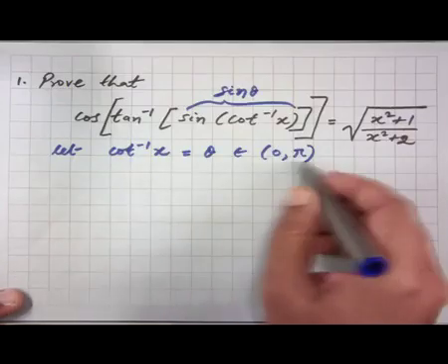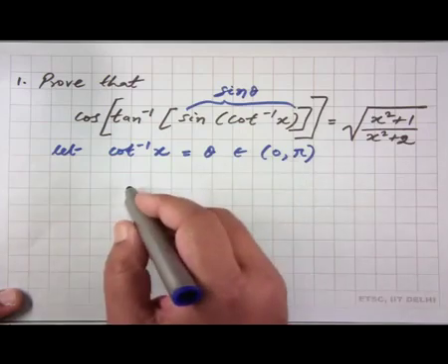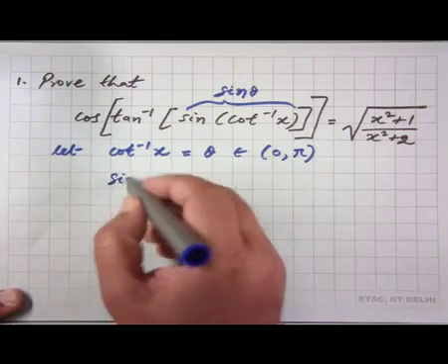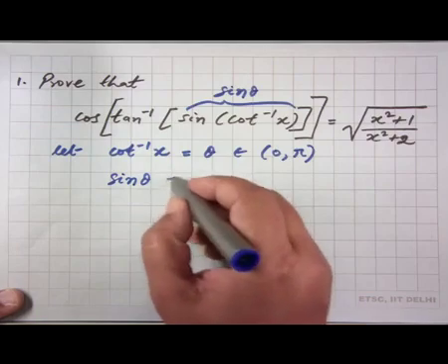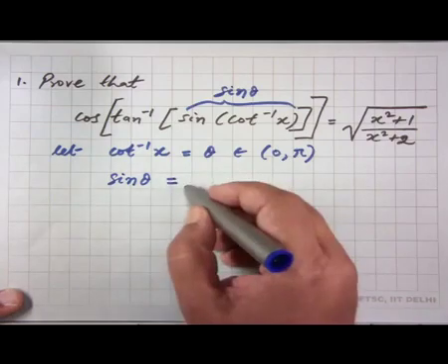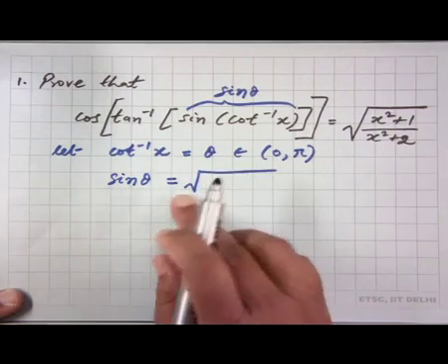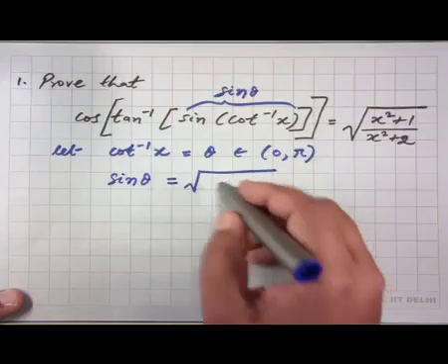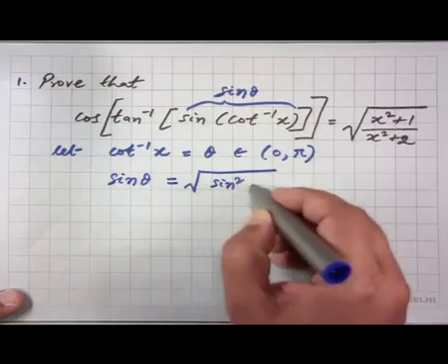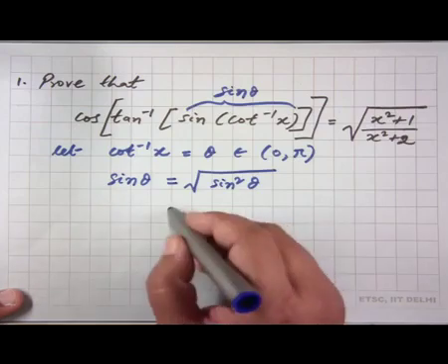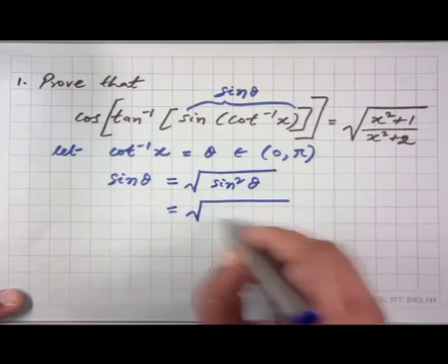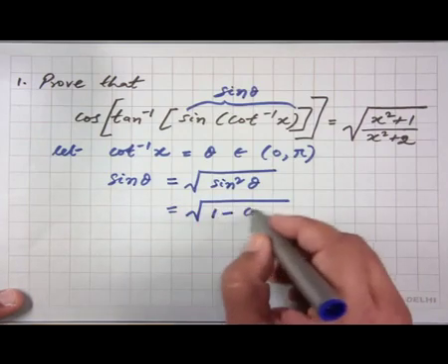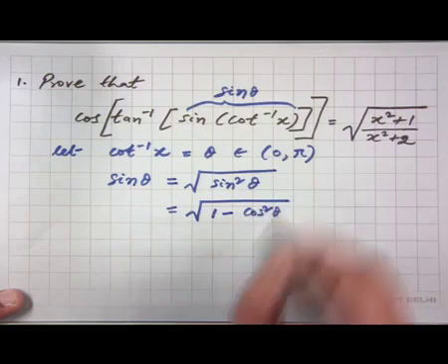Because theta belongs to this, we know that sine theta is non-negative, and therefore we can write sine theta as the positive square root of sine square theta, which is equal to the positive square root of 1 minus cos square theta.